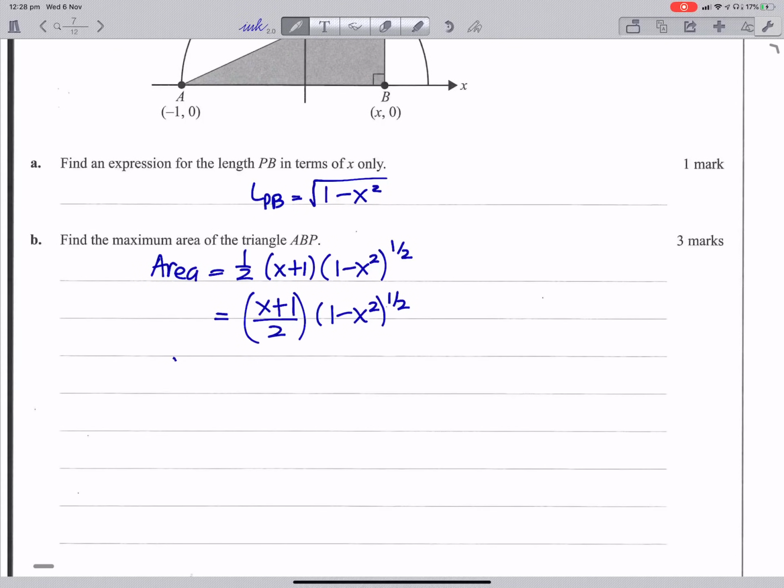So dA dx is, derive the first thing, we get a half, leave the second thing alone, root 1 minus x squared. Derive the second thing, we get a half times negative 2x, the derivative of the bracket, times 1 minus x squared to the negative a half. And then of course we've got to multiply that by x plus 1 on 2.